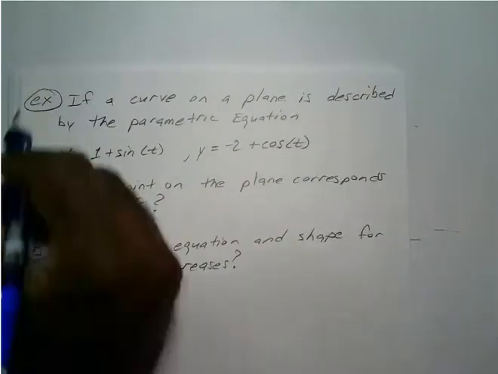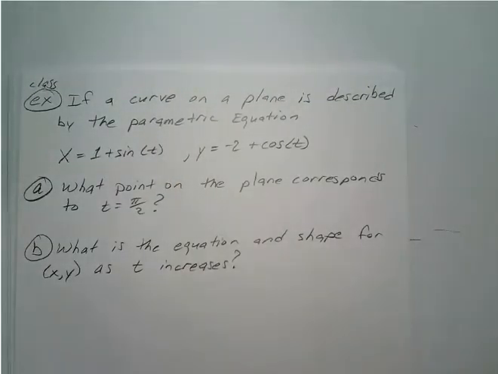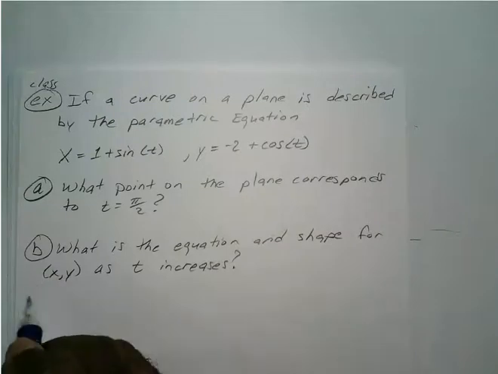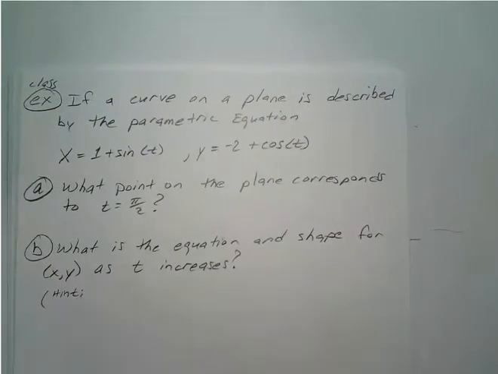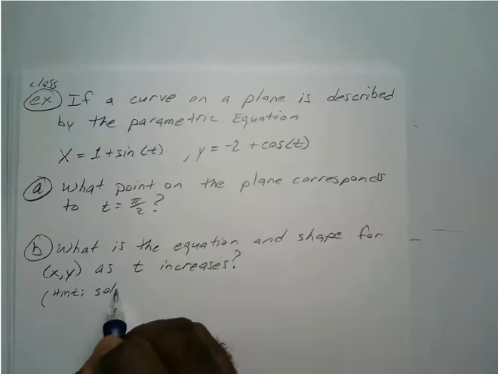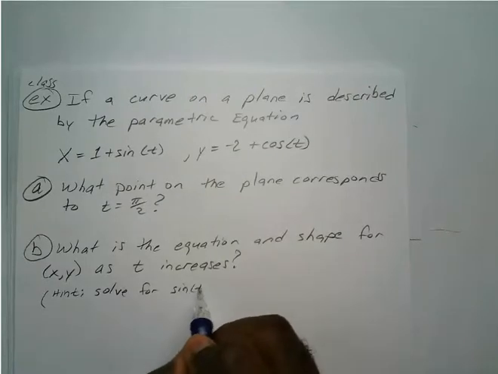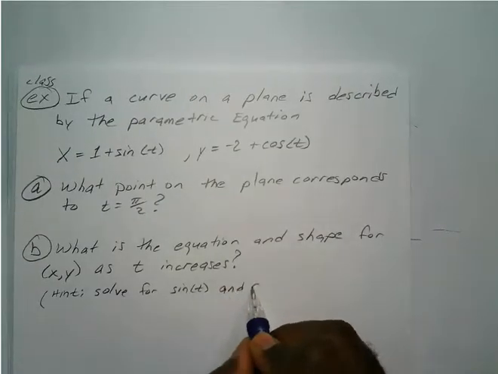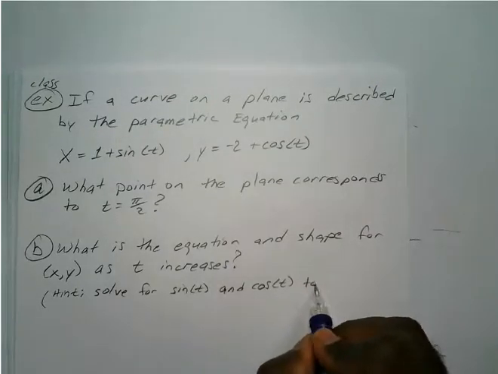Okay, so what I want you to do, I'm going to give you a hint for B, but I want you to try this one on your own. But before you do, for part B, the hint I'm going to give you is solve for sine of t and cosine of t to start.